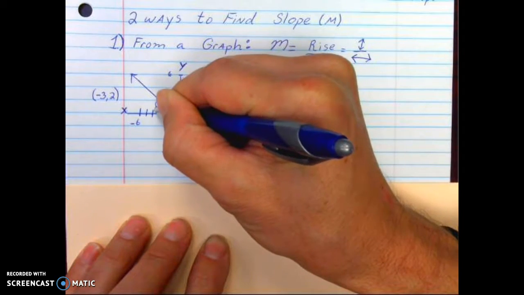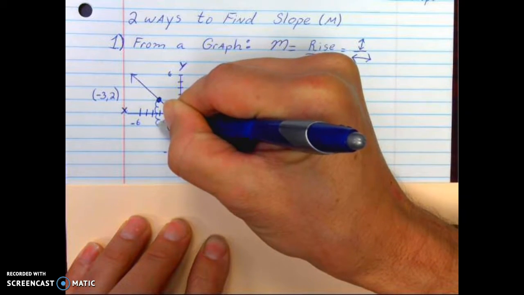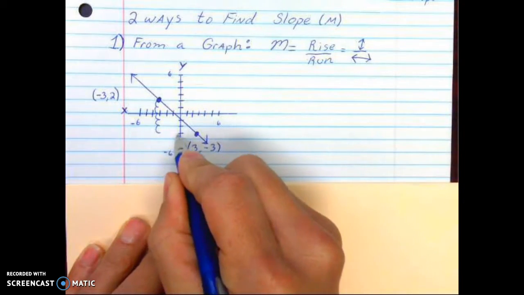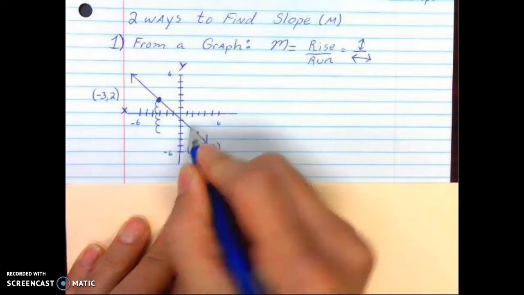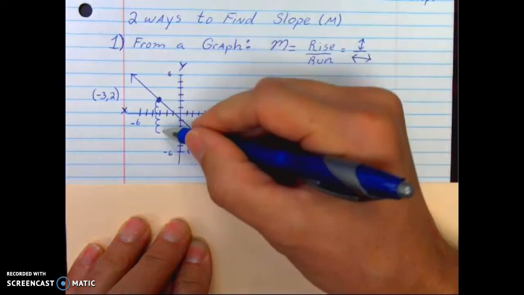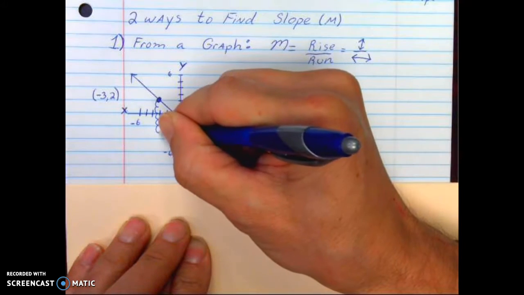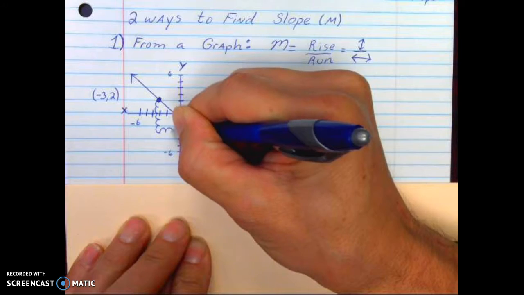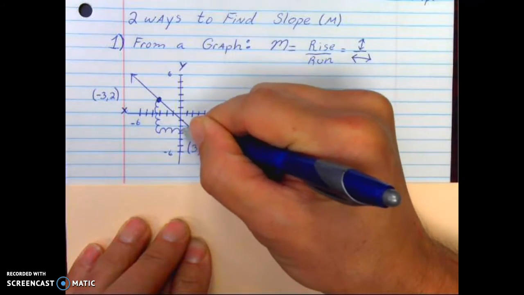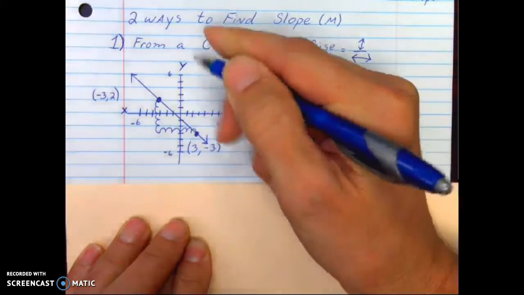We go 1, 2, right? 3, 4, 5. Okay, you see how I'm level with this dot right here? I went down 5 spaces. Now I'm going to go over from this and count over 1, 2, 3, right? 4, 5, and 6.